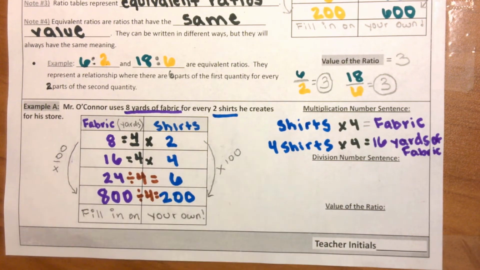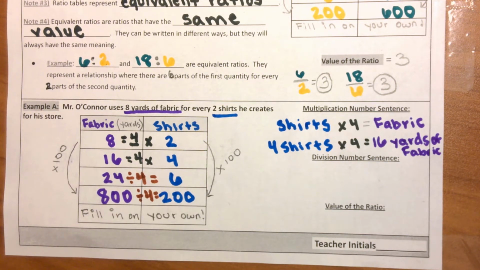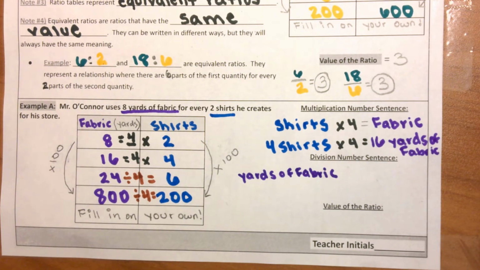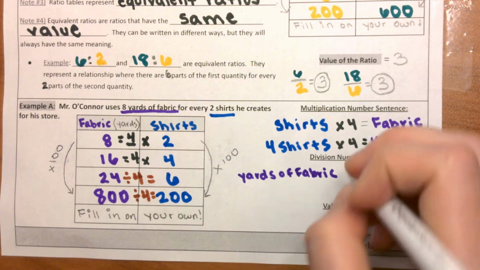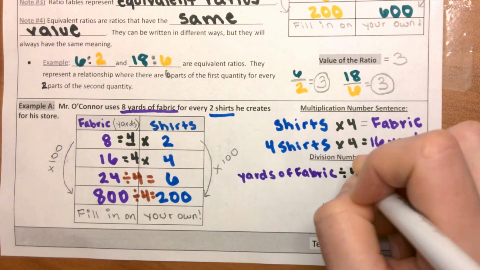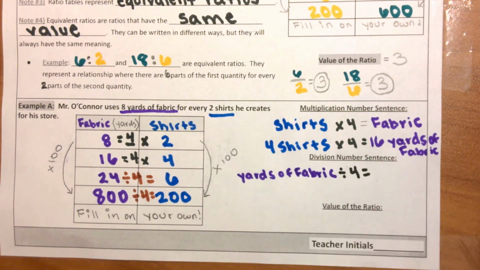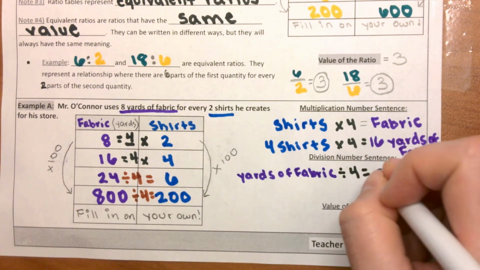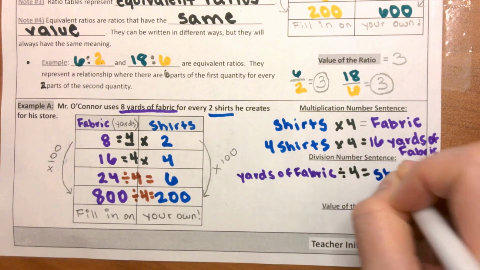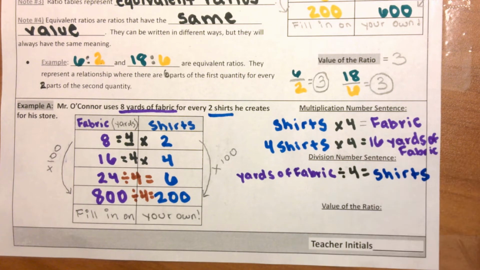So we can always take our yards of fabric and divide it by 4 to get the number of shirts we can make. And then we can plug in any number to prove that that's true.